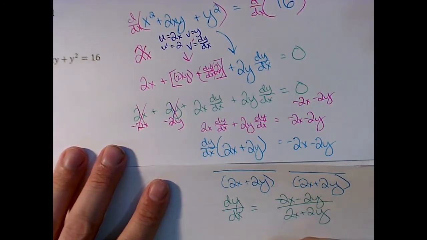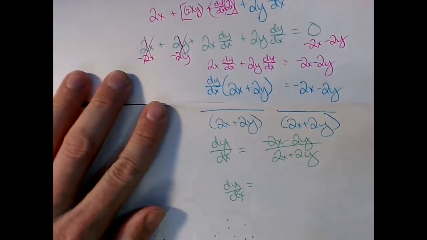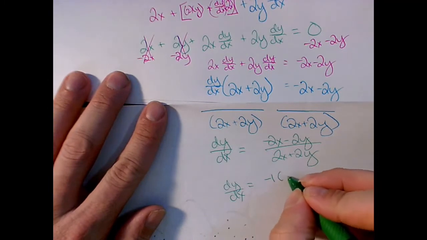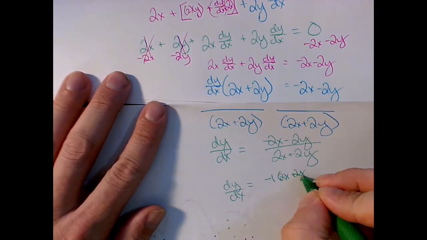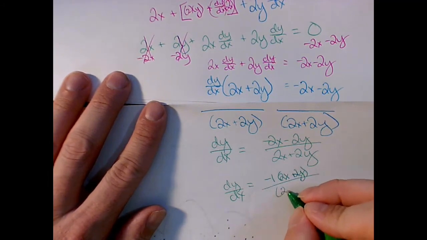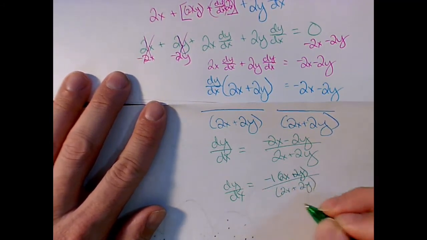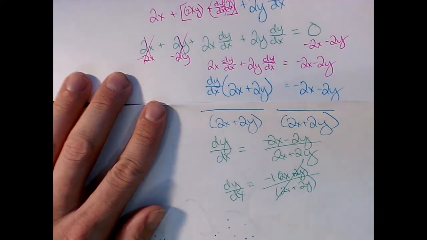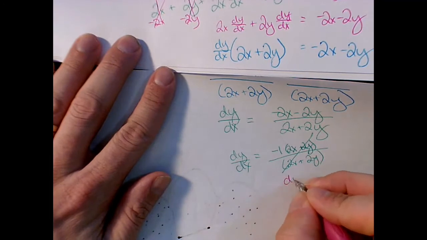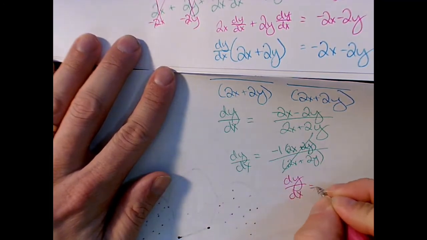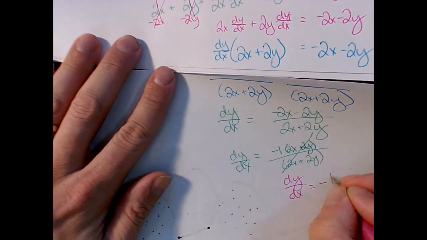Or better yet, easier, I'll factor out a negative 1 out of the top. Factoring out a negative 1, I'm left with x plus y. Better yet, 2x plus 2y, because that wouldn't be correct, over 2x plus 2y. Oh, look. So after all of that, dy/dx is just negative 1.